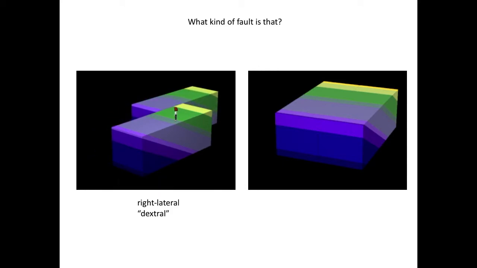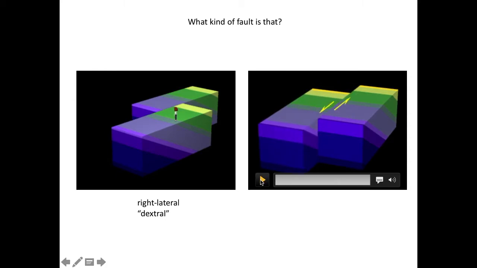The things on the other side either move to your right or to your left. So here they're moving to your right, so this is a right lateral fault. And then here they're moving to the left. And these are the map symbols that we use to illustrate right or left lateral.